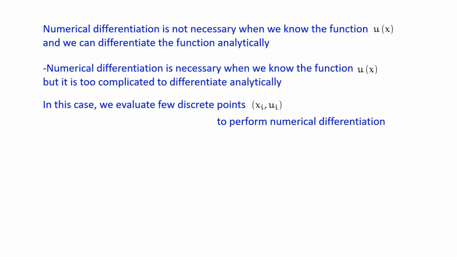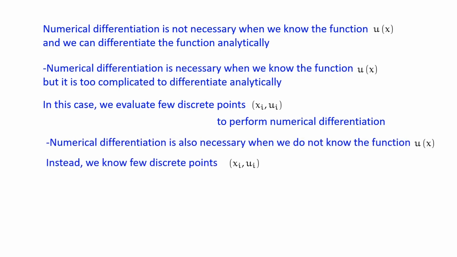So we can take the sets of values x_i, u_i. If we have several x_i, u_i, then we can carry out a numerical differentiation. That is case 1. Then case 2 is when we do not know the function u(x) at all, we have no idea about the function u(x).